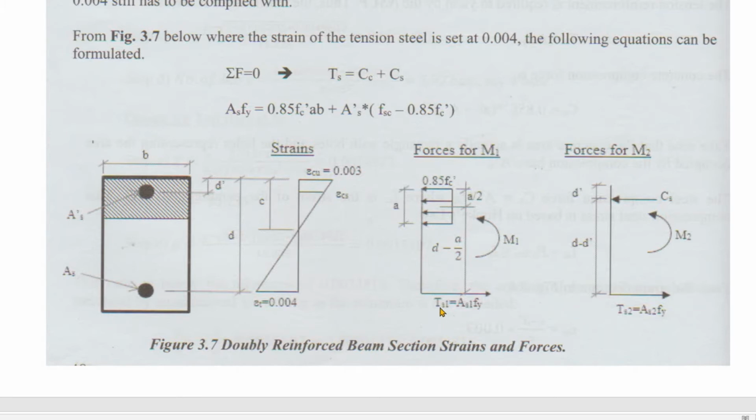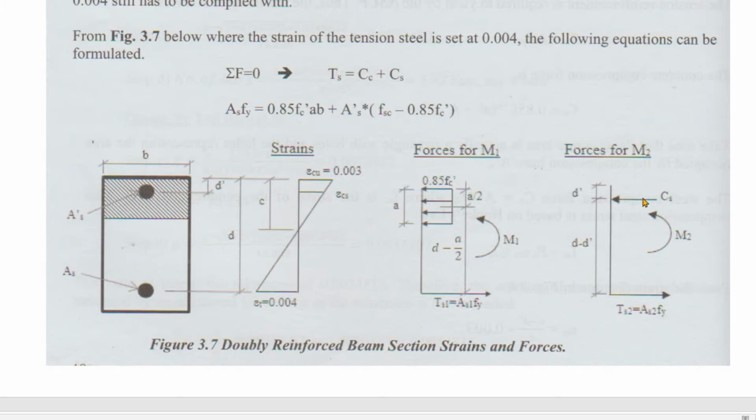So, mapapansin mo dito, naging TS1 na siya, or that is AS1 Fy. And then, yung excess moment niya na M2. Okay? Ang ibig sabihin ng M2, ito yung moment above sa capacity ng SRB moment, or ito yung excess moment.